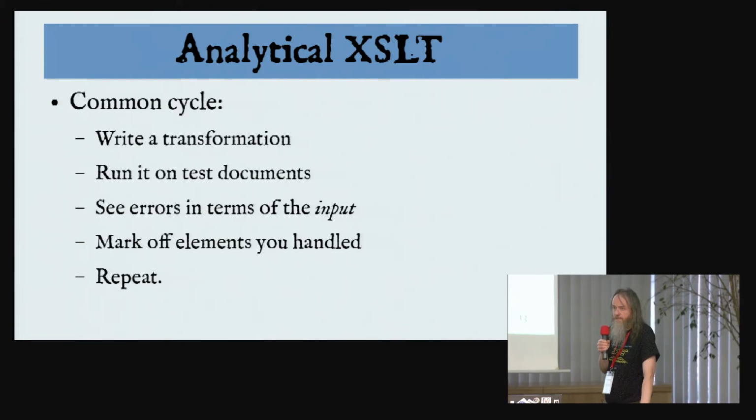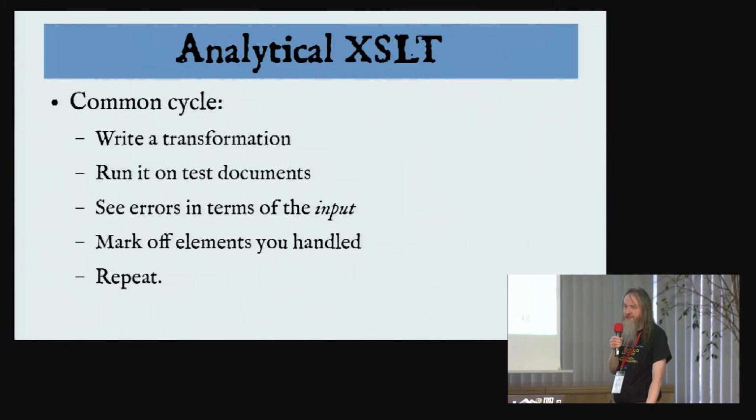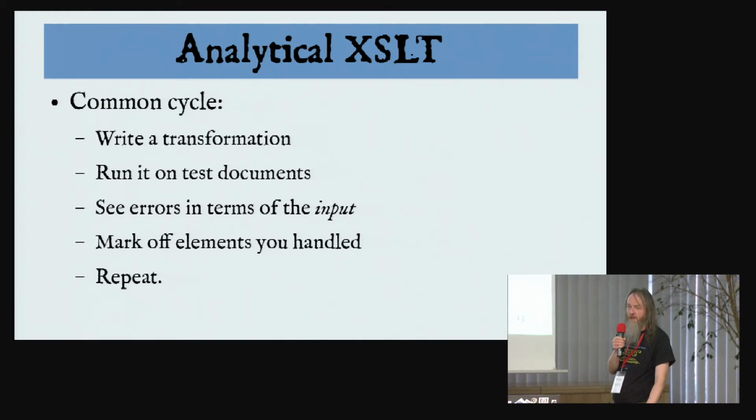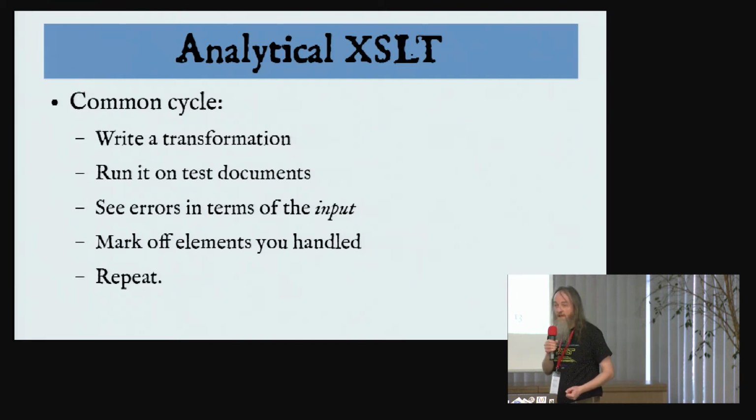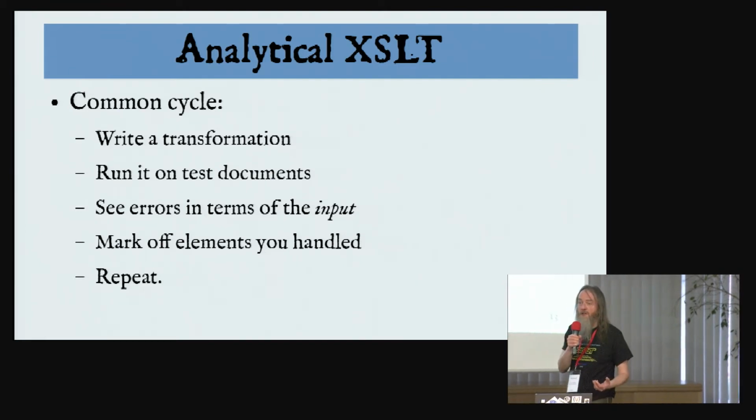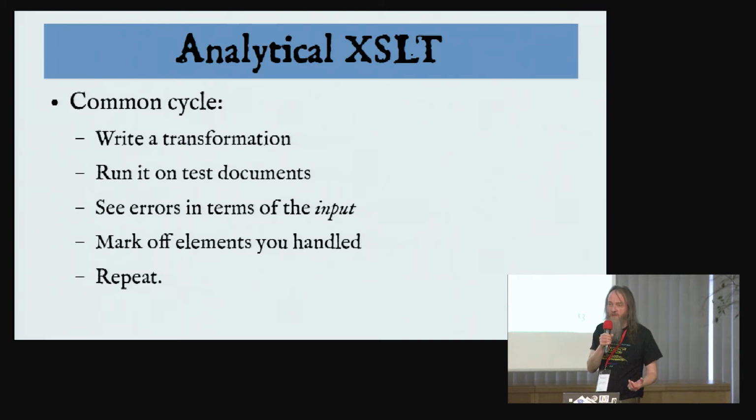So what you can then do, because the messages don't have a file name or a line number, is sort them all and gather them together and deal with the 5 or 10 most common errors, which you might have 10,000 of first time round. Right, and you'll very quickly converge to a point where your 10,000 input documents all validate. That doesn't mean they're right, but they validate.